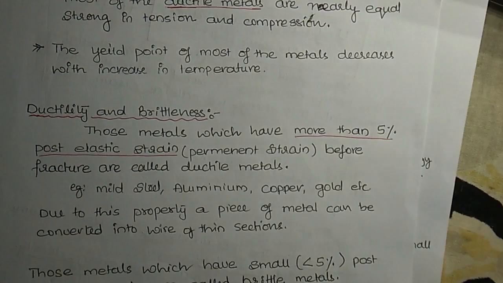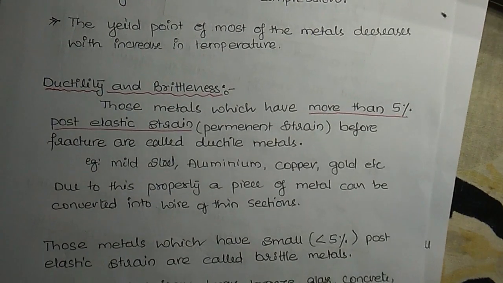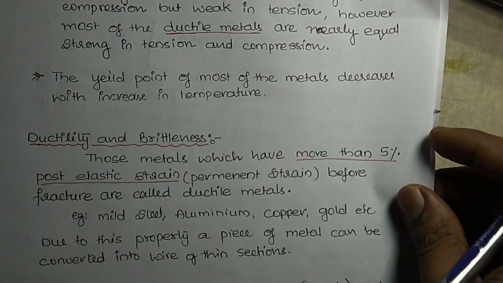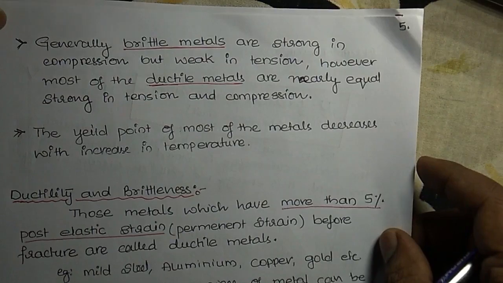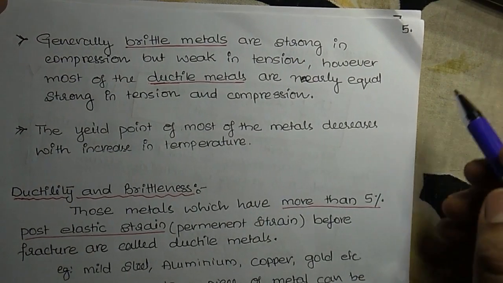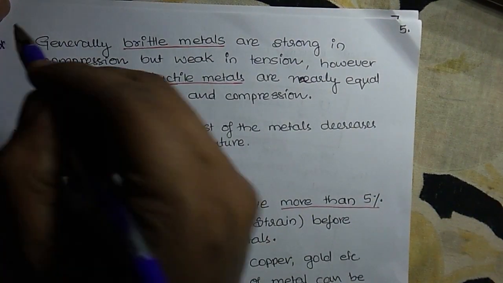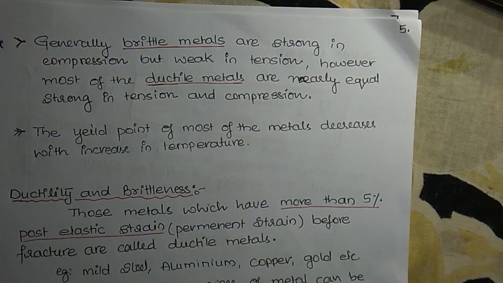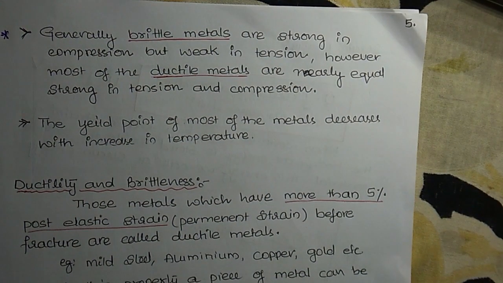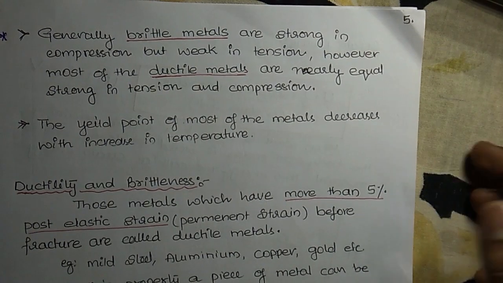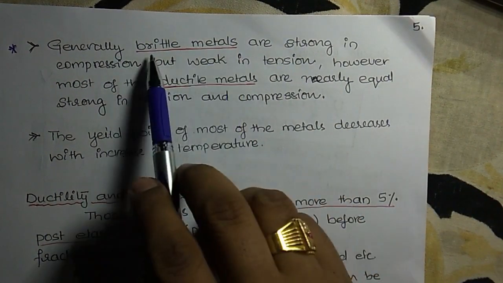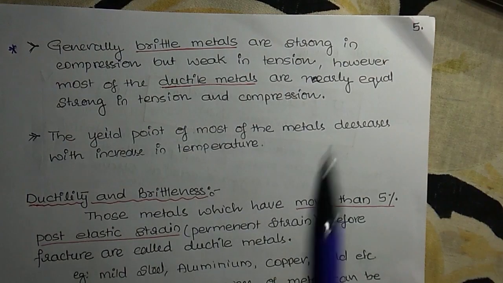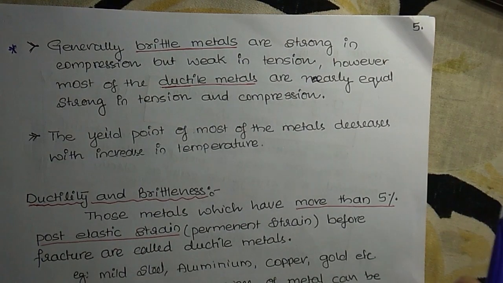Next, coming to the next point. Generally, brittle materials are strong in compression but weak in tension. This is the point you should note, since they will ask these questions in competitive exams, in match the following or two-word questions. So generally brittle metals are strong in compression but weak in tension.